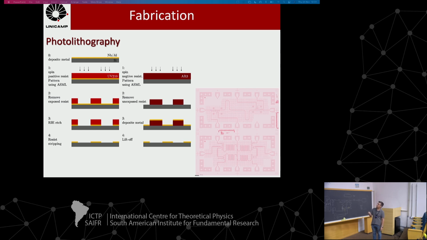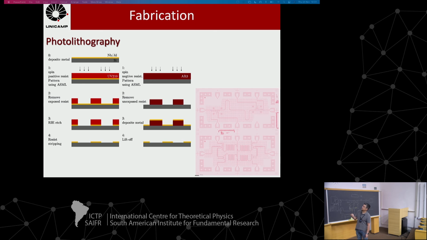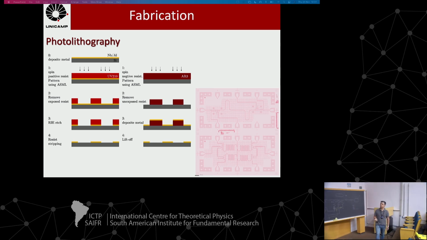When I do that, I have this dark red here, where I will remove the metal. The light red here, I will keep the metal. And I can do the other way around as well. I can put the polymer first, then do the deposition of the metal, and then when I remove the polymer, the metal that's on top of the polymer will go away with the polymer and the solution I'm using to remove it.